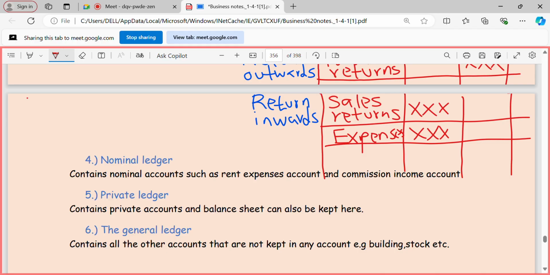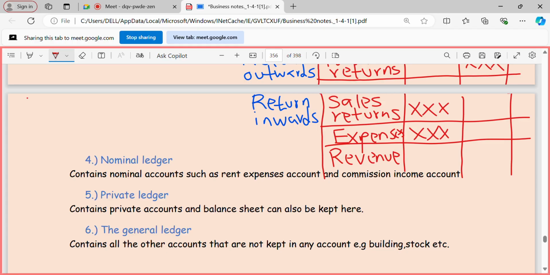Then what else have we not captured? Maybe some of the expenses. Candidates, you need to know about expenses. Any expense in whichever form, according to our rules of ledger, you debit. Examples of expenses would be rent paid, where you are the person paying the rent, or rent payable.